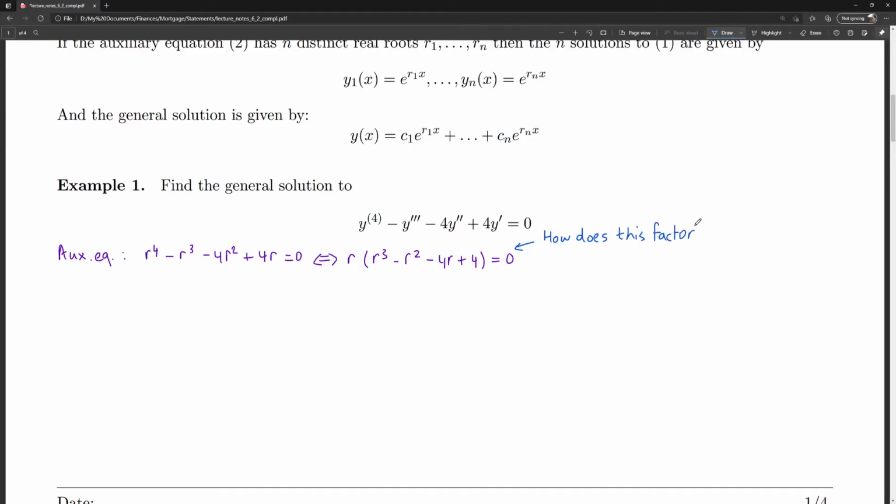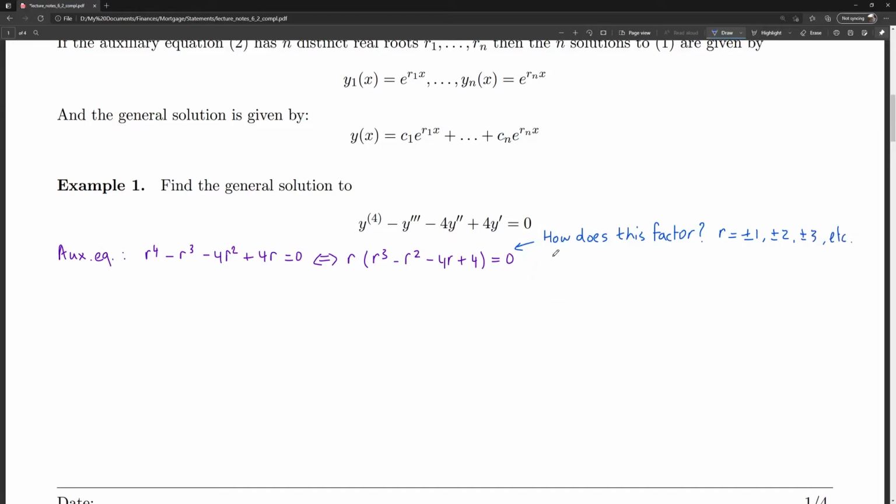And what we do there is we pick a few values of r and just see if they work. So it's basically guess and hopefully we get lucky. So some values that you would try are maybe r equals plus or minus 1, plus or minus 2, plus or minus 3, etc.